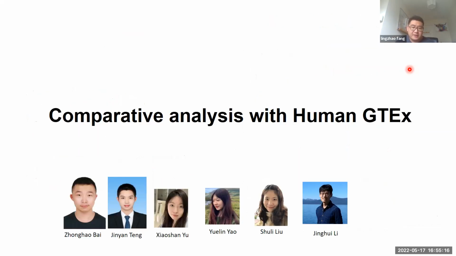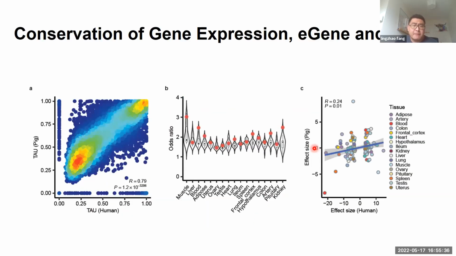And in the last part of this project, I started to compare the pig GTEx with the human GTEx. I just want to show whether the pig is really a potential biomedical model for some particular GWAS, the complex traits or diseases in humans. For the first comparison, we looked at tissue-specific gene expression and also its regulation. Panel A shows the tau value, a statistic to measure the tissue specificity of a particular gene.